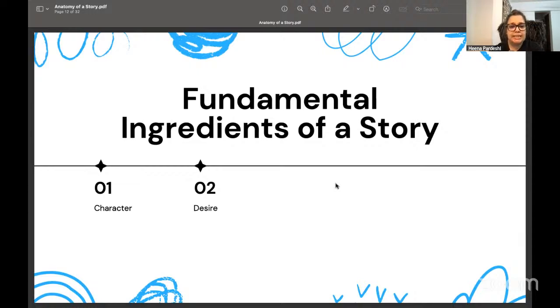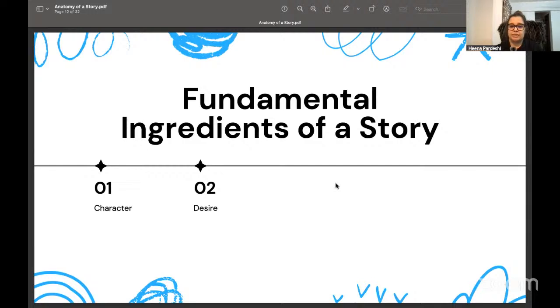Every decision he makes, from betraying Hassan to returning to Kabul, stems from this dual desire. The stronger the desire, the better your characterization will be. Also, the more layered the desires are, the more layered your character will be.